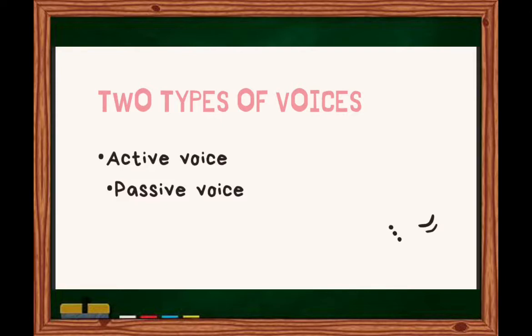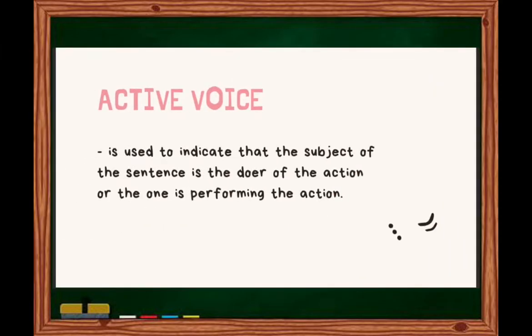So now, we will define what is an active voice. Active voice is used to indicate that the subject of the sentence is the doer of the action, or the one who is performing the action.